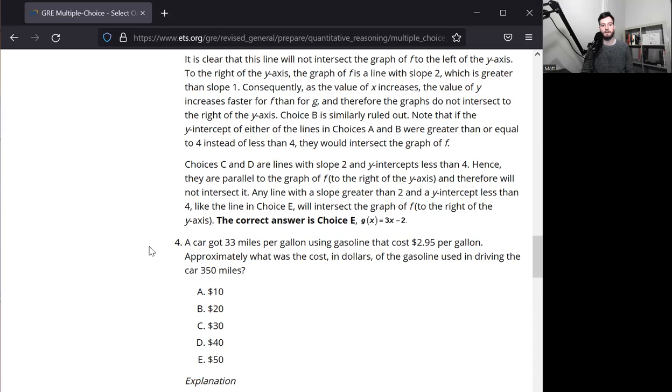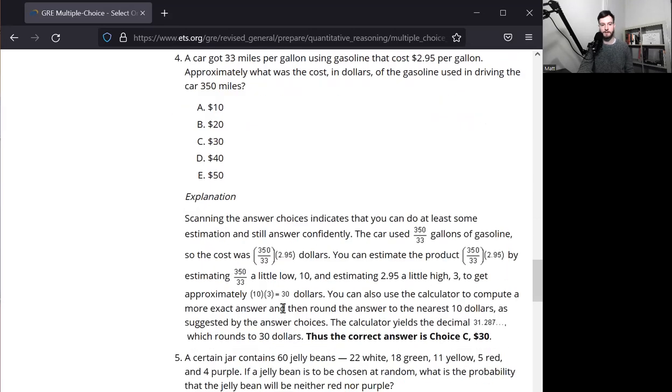That would give me something a little bit over 10. That's how many gallons I need. And this is the price per gallon, so I would multiply it by the price. It's going to be something close to 30. A little bit over 10 times a little bit under 3 is going to be close to 30. They give you exact numbers here. And there you go. 31.287 is the exact answer. But you can estimate there.